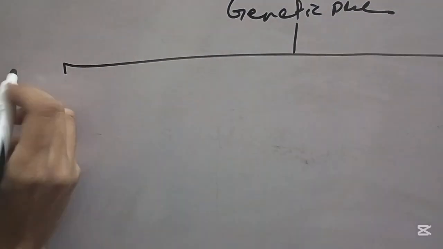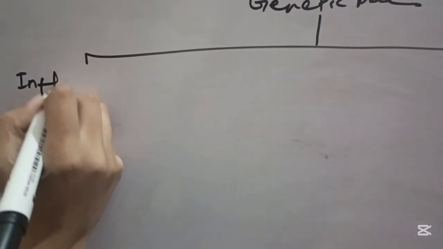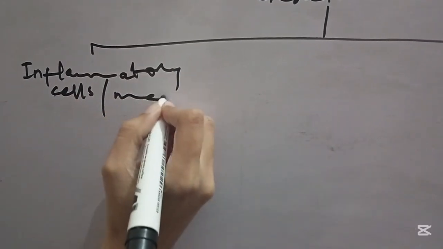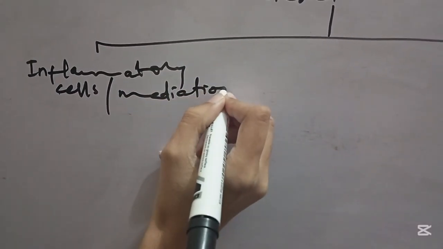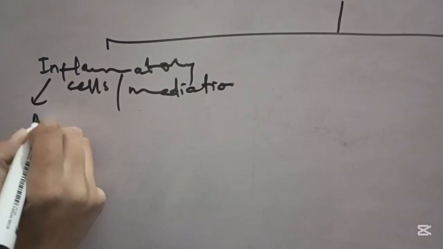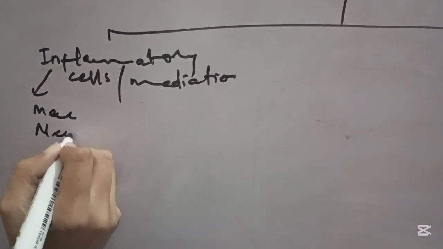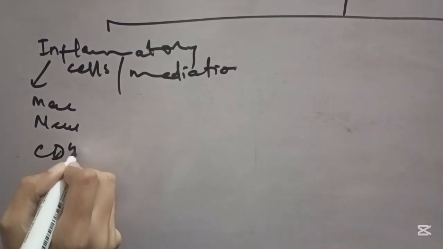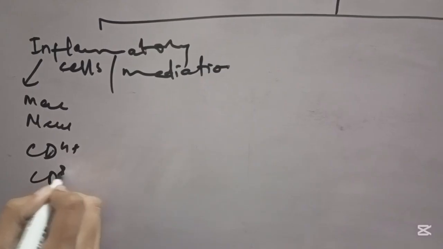And if we say that there is inflammation, then obviously there will be inflammatory cells and inflammatory mediators. So what are the cells that are present? We have our macrophages, neutrophils, CD4, CD8 positive cells.